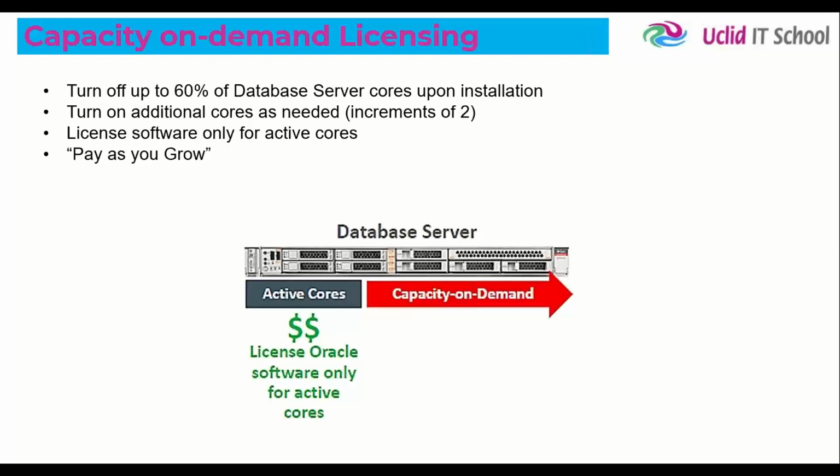You may purchase a license for 40 CPUs. And later you can enable more CPUs and pay that incremental fee to Oracle at that time. That way you can pay as you grow. That is called capacity on demand licensing. So Exadata includes the capacity on demand licensing model.